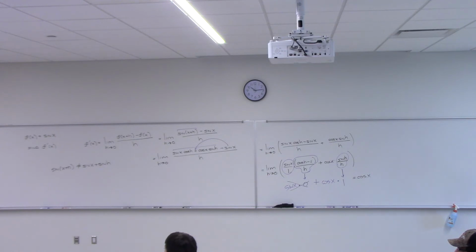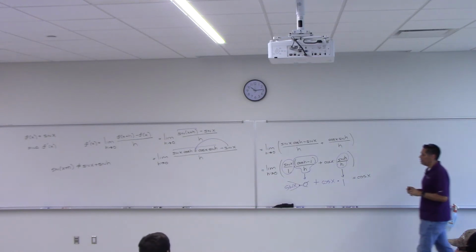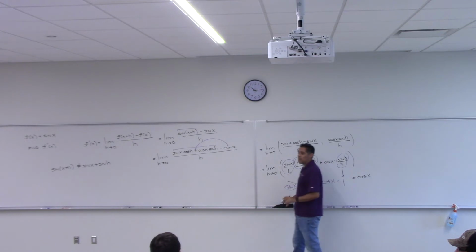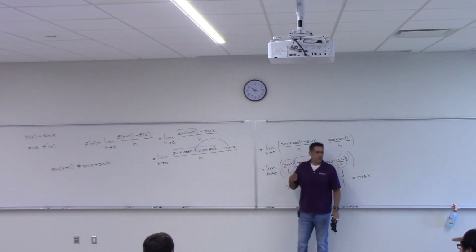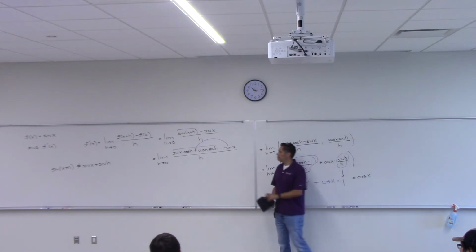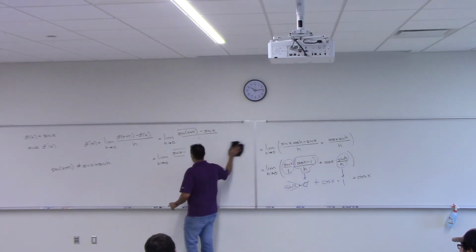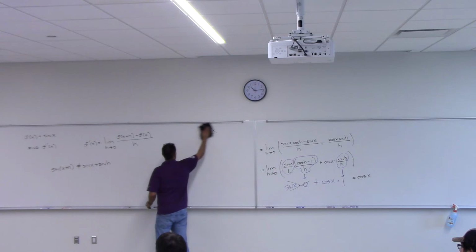If I give you a function and I tell you that the function I give you is the position function, what does the first derivative give you? Velocity. And what does the second derivative give you? Acceleration. There's a homework problem that deals with that, so I just want to make sure you understand that.